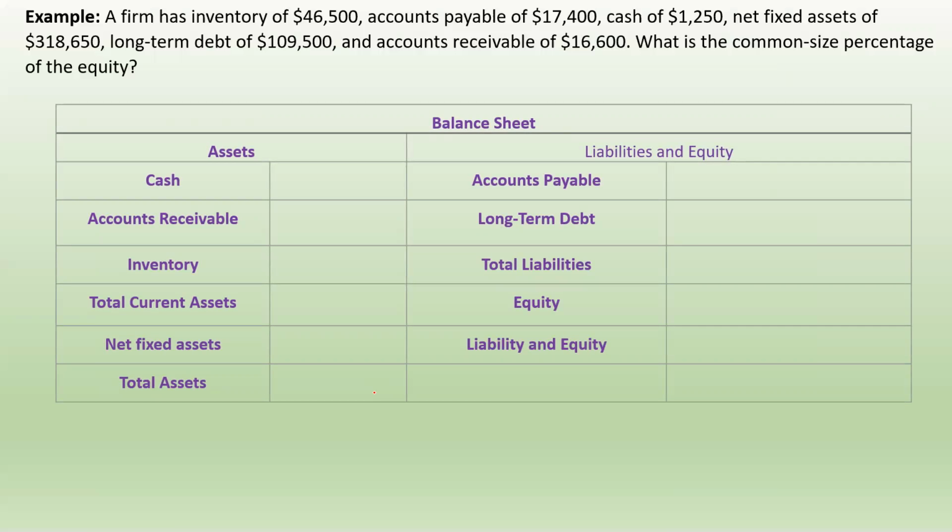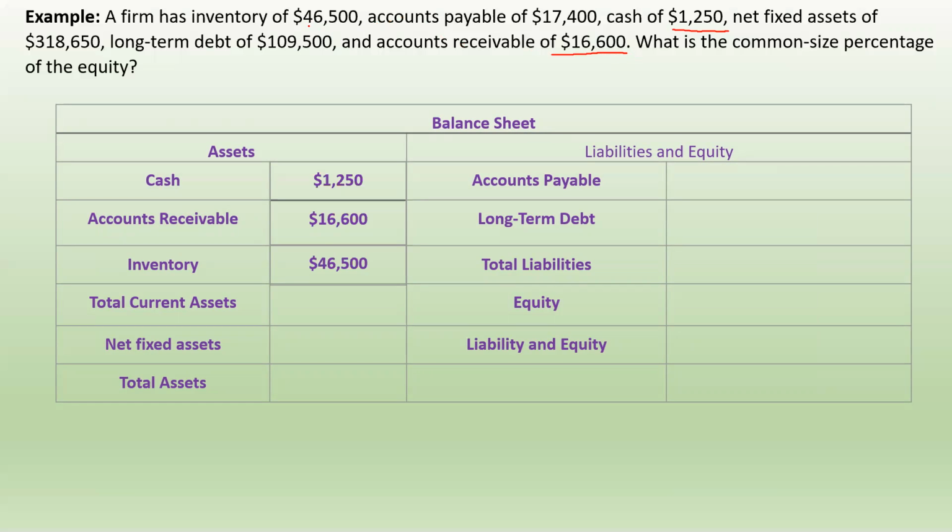So we prepare this balance sheet first. On the left-hand side, we list all the assets with respect to liquidity. So first there should be cash, which is 1,250, and accounts receivable is 16,600.